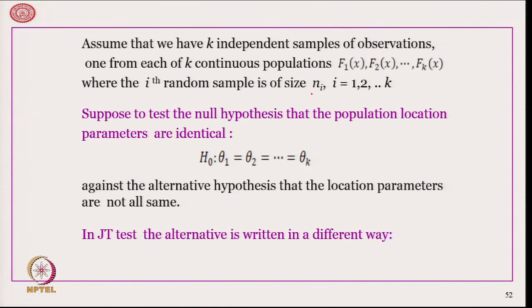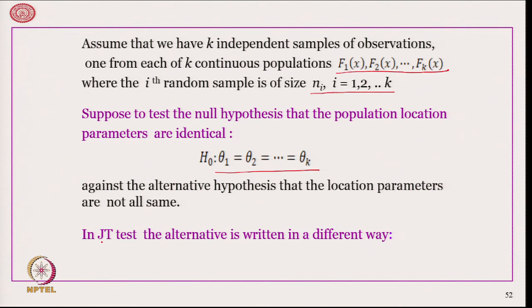We have ni observations from the ith population, i equal to 1 to k, and we have k continuous populations with the corresponding distribution functions F1(x), F2(x) up to Fk(x). Suppose we want to test whether theta 1 is equal to theta 2 is equal to theta k, against the alternative hypothesis that the location parameters are not all the same.